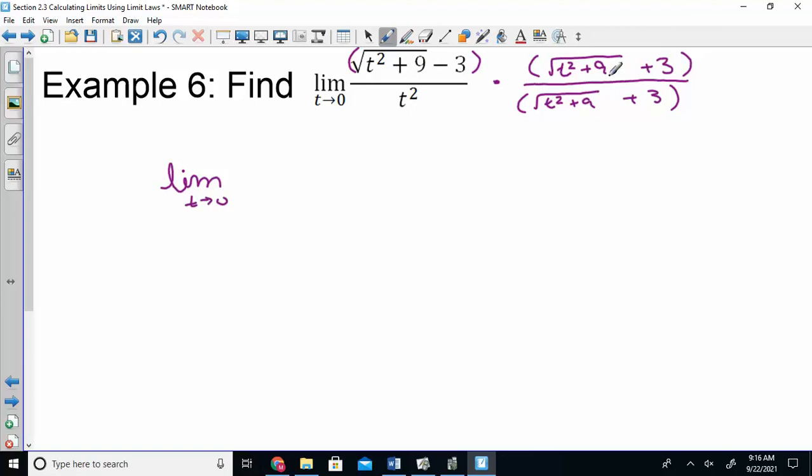On the top, when you multiply those, square root of t squared plus 9 times the square root of t squared plus 9 just gives you t squared plus 9. Because they're conjugates, outside and inside cancel, minus 3 times 3 is 9. On the bottom, I am not going to distribute because I'm hoping that t squared is going to cancel out in a moment. Because that's the thing that's keeping me from plugging in anyway.